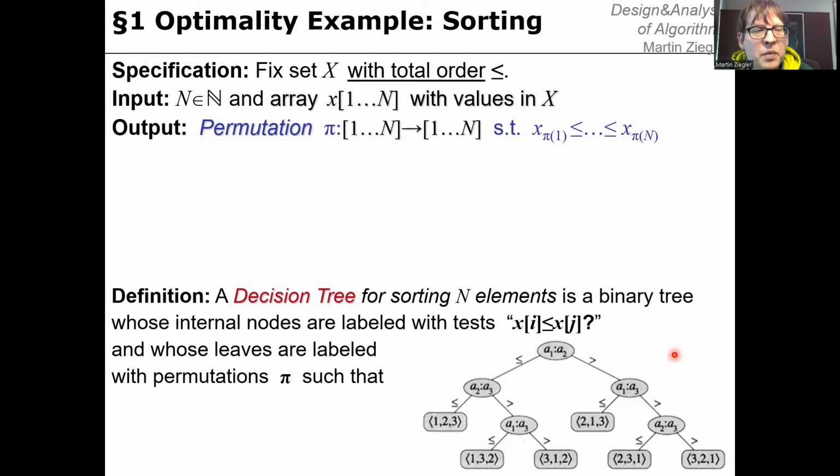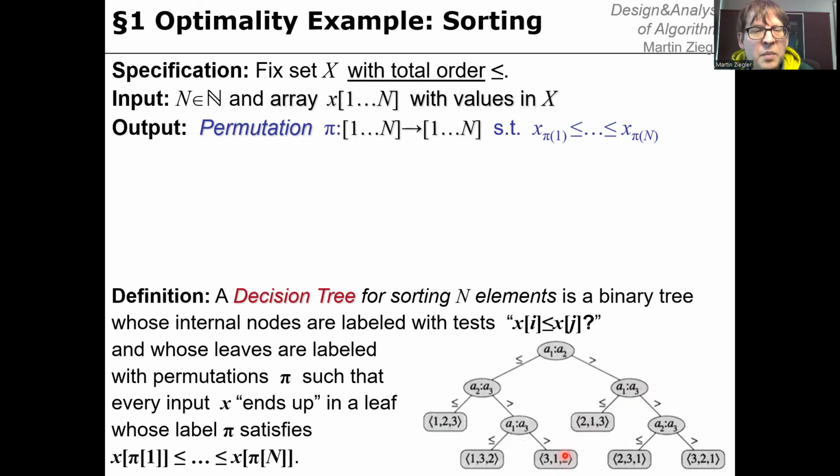And the leaves are labeled with permutations in such a way that every input ends up, according to the semantics that I've just explained, in a leaf whose label, permutation, results in the input becoming sorted when applying the permutation to that input. Sorted meaning non-decreasing.